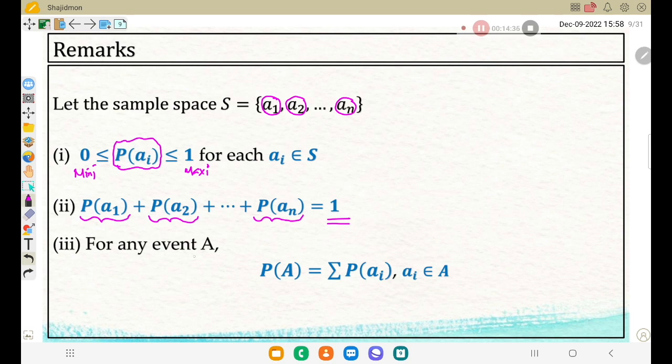Now, for any event A, the probability of that event is the sum of the probabilities of the outcomes Ai that belong to that event. So if you take a particular event, we calculate its probability from the probability of each outcome in that event. These are some remarks we can make.